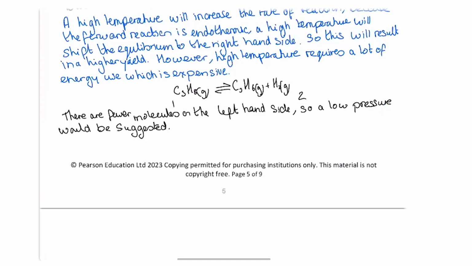So because there are fewer moles on the left-hand side, a lower pressure could be suggested because that will shift the equilibrium to the right-hand side.